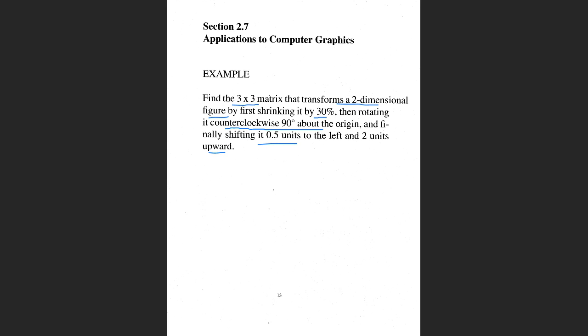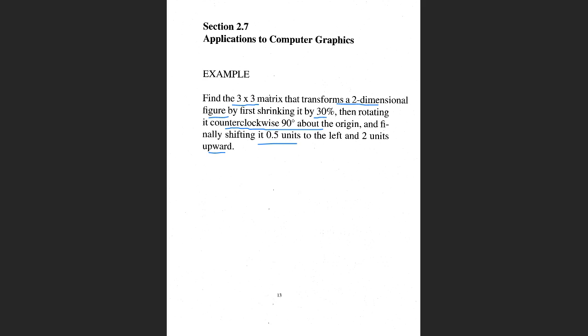All right, so how many transformation matrices are needed in this problem, class? That's right, Benjamin.